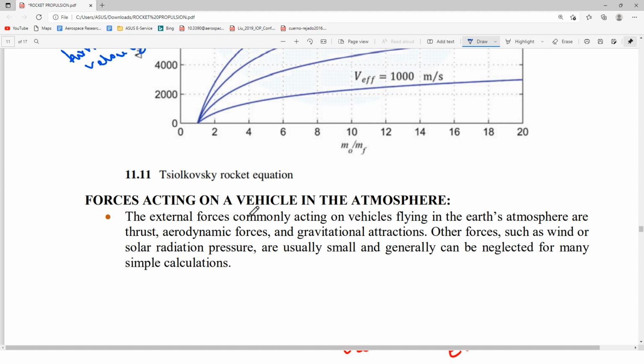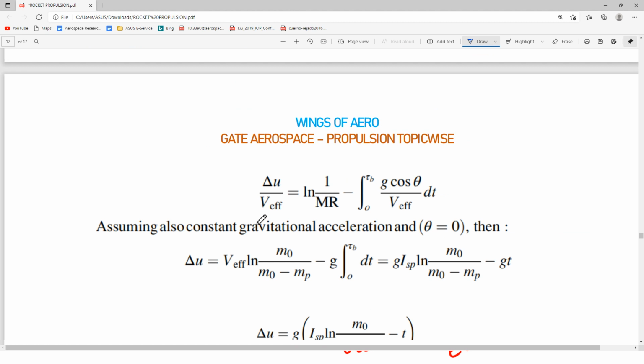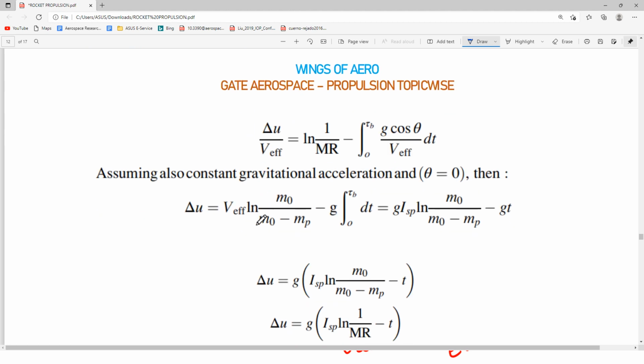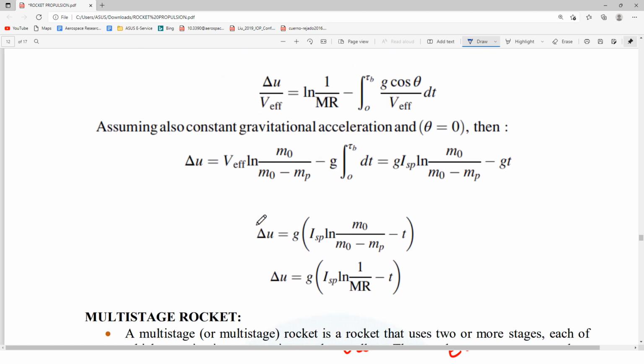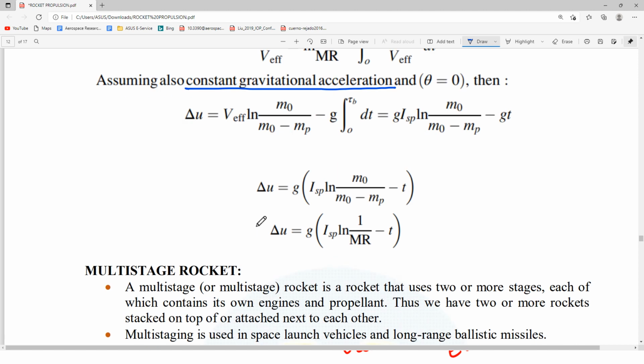So there will be some aerodynamic force as well as some effect of the gravitational force. In that case, if they have mentioned assuming a constant gravitational acceleration, then for that kind of problem you need to use this formula. Same concept.